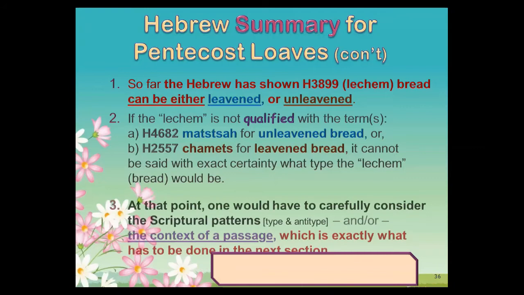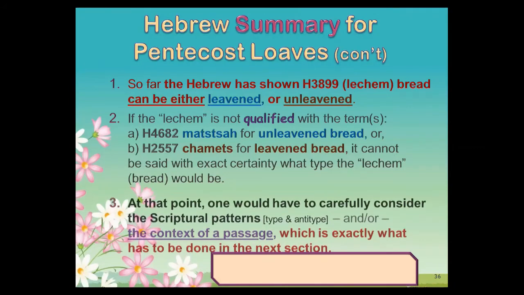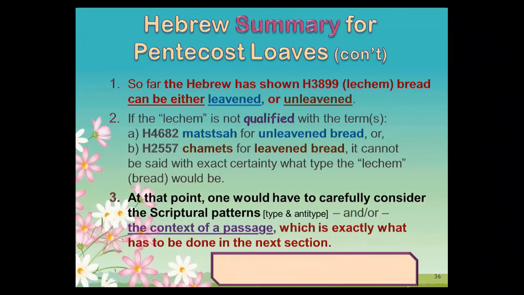At that point, one would have to carefully consider these scriptural patterns of type and antitype. You'd have to go back and figure that out, or you would have to look at the context of a passage, which is exactly what has to be done in the next section.